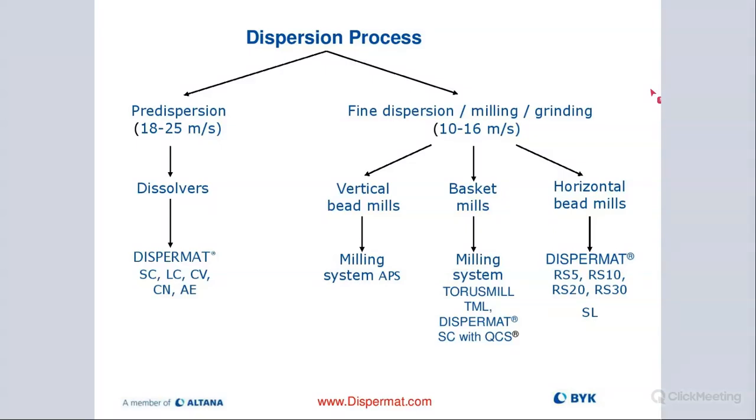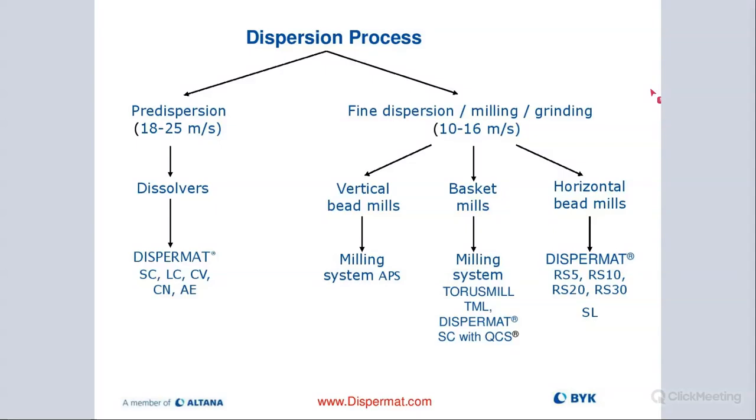So the vertical bead mills, our APS for the lab scale, basket mills, where we have a system called the TML. We also offer that with a quick change system for our production scale, where you can use a dissolver and then turn it very quickly into a basket mill. That is something we offer seamlessly, not only for production, as you can see here with the SC, but also with all of our smaller laboratory machines.